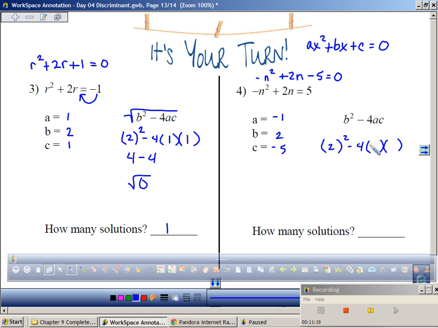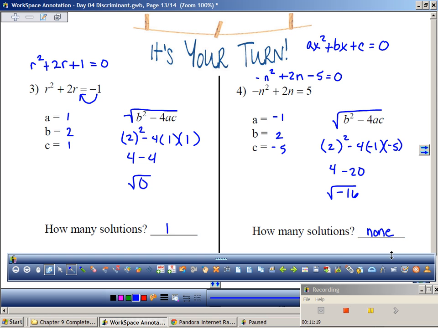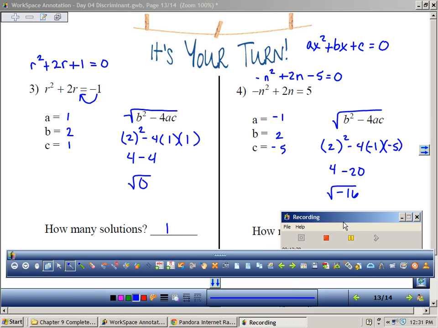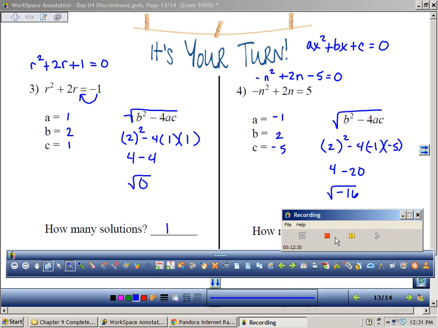So if B is 2, -1, -5, 4, -4 times -1 is +4, but +4 times -5 is -20, which makes -16. Take the square root, and there are no solutions. None, no roots. You could write none. Or 0. Okay, and that's it for today.